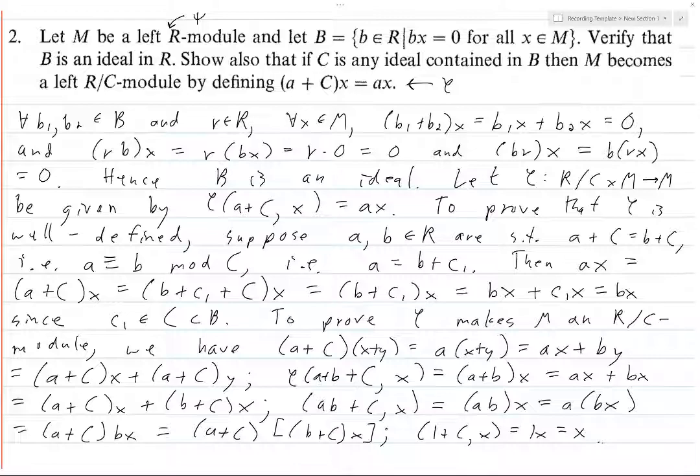Although I didn't fully think about a counterexample, where you have an ideal not contained in the annihilator, or whatever the set B is, and you can look at the R mod C structure and show that this action does not define a module. But I didn't really look into that. But yeah, this is everything that you need for this problem, and so there we go. We've done the proof.